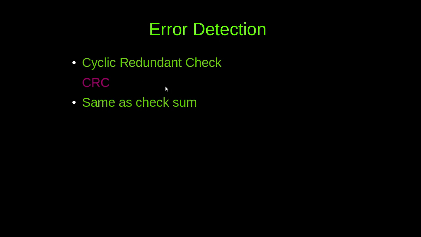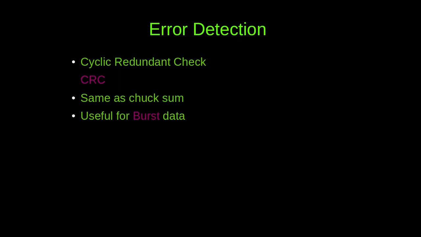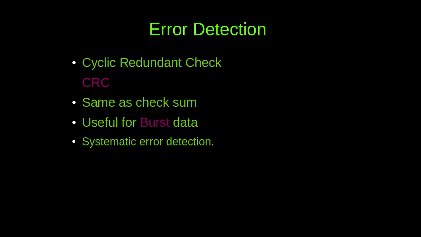Let's see here. We have an enhanced algorithm which is called Cyclic Redundancy Check, CRC, and that's the same as checksum, used for burst data, meaning large data, not 7 bits as in the previous example where I used parity bits. It's a systematic error detection.